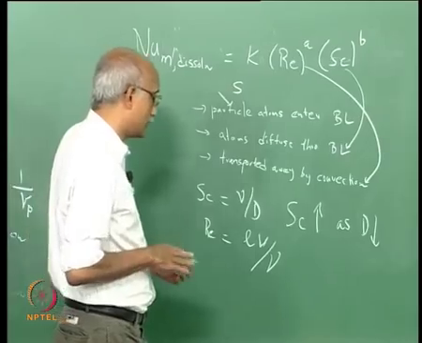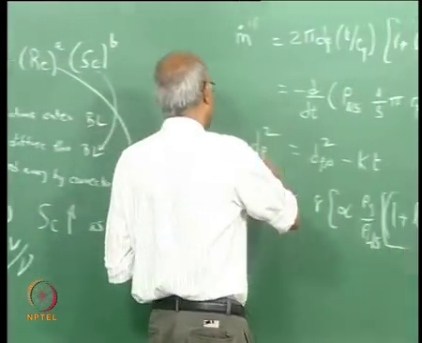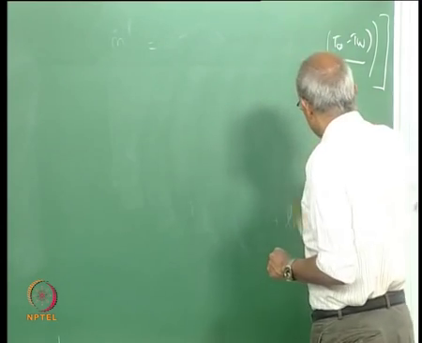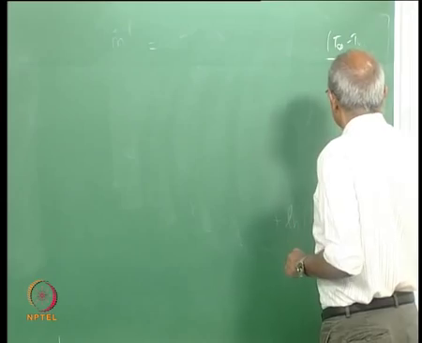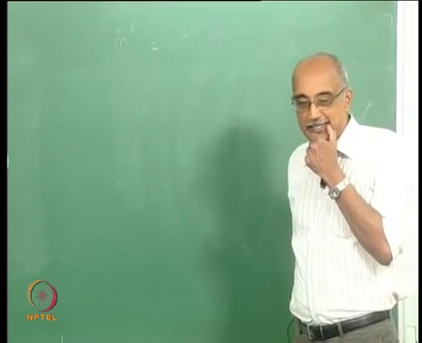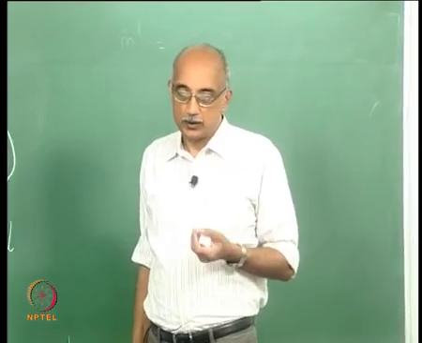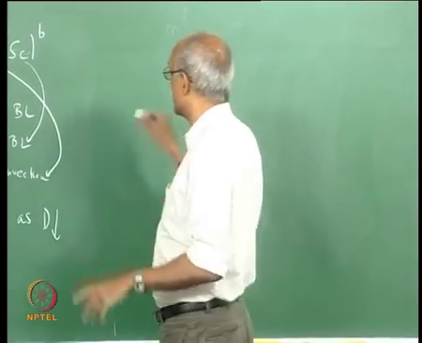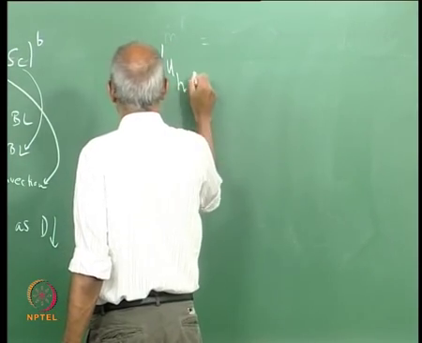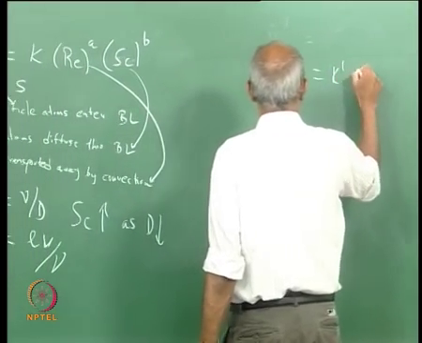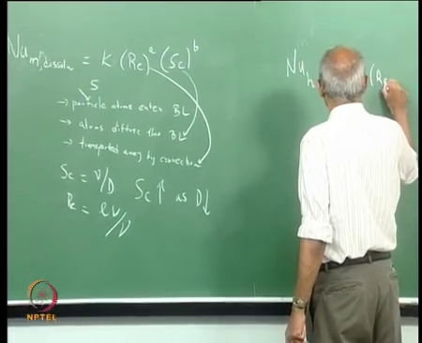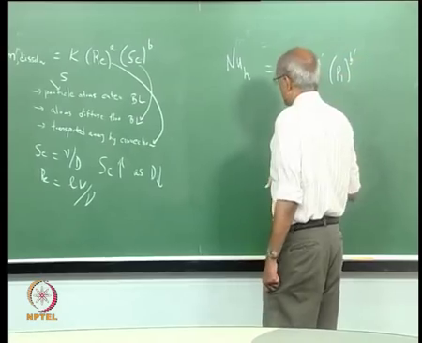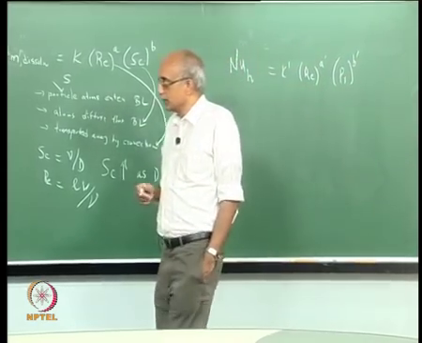For example, if you want to estimate the Nusselt number governing dissolution and you want to do it experimentally, it may be easier to, for example, look at the heat flux and derive an expression for Nusselt number for heat flux as some constant times Reynolds number to the power A prime Prandtl number to the power B prime, which can be done much more conveniently.